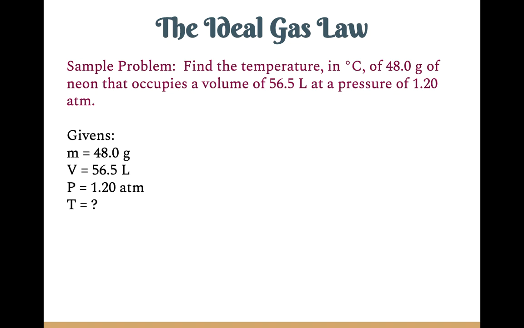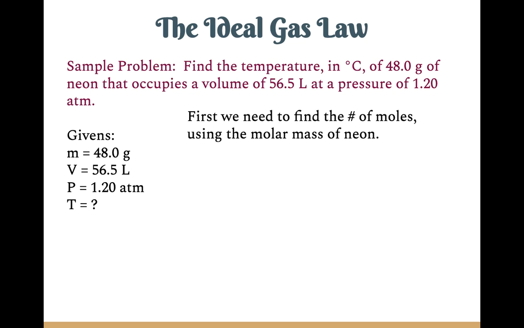So our volume's in the right unit, but we don't want grams, right? We want moles instead. And for pressure, we need kilopascals. So first thing we're going to do is find the number of moles from the mass using the molar mass of neon. So there's that calculation where you divide by the molar mass of neon to get 2.37859 moles of neon in this situation.